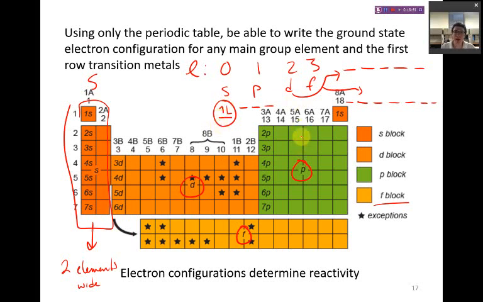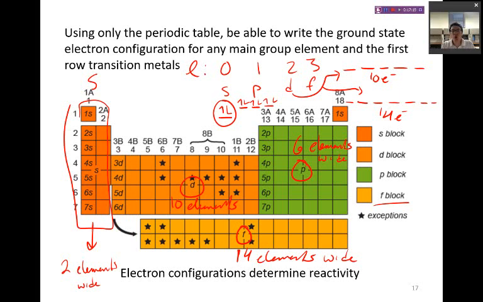The p block is 6 elements wide, and with the 3 p orbitals, they can house 6 electrons. Similarly, the d block is 10 elements wide. How many electrons do you think could be housed in the d orbitals? 10 electrons. The f block is 14 elements wide, and there are 14 electrons that can be housed within an f subshell.